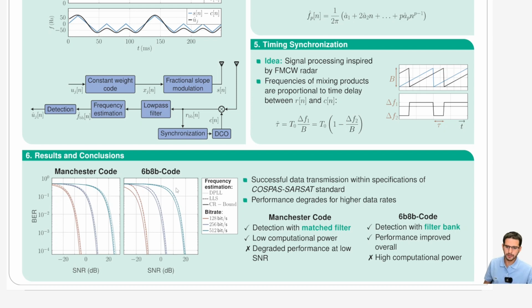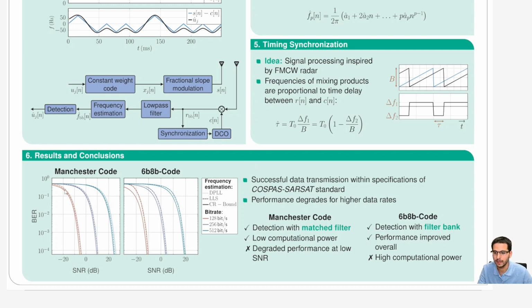So at this point we have demonstrated the successful communication data transmission within the specifications of the Cospas-Sarsat standard. We have different implementations for each of the building blocks of the system.